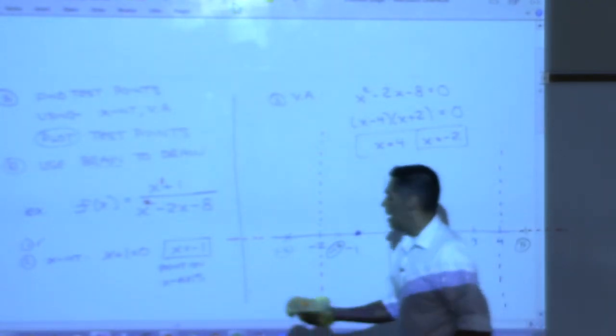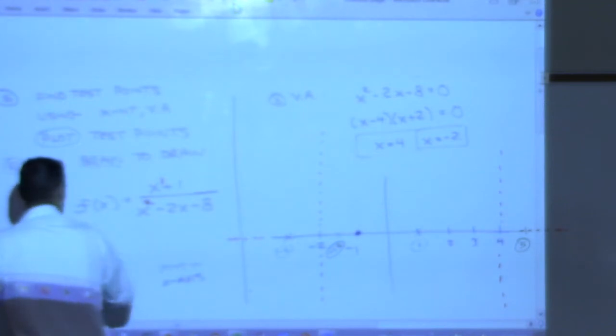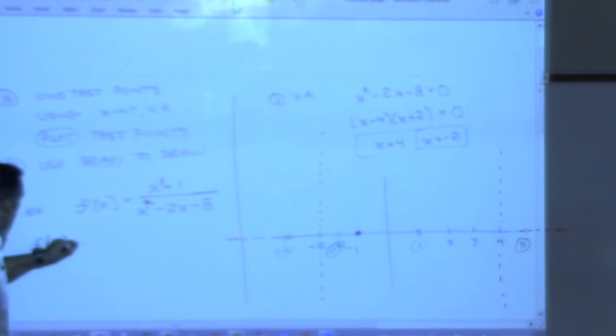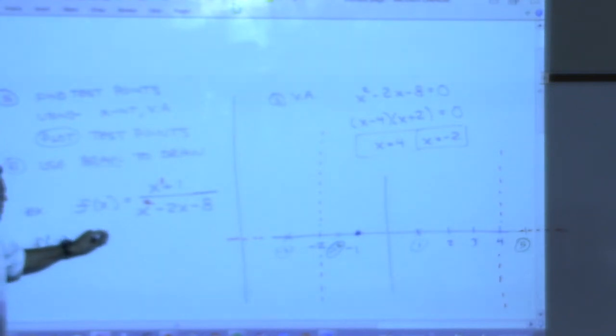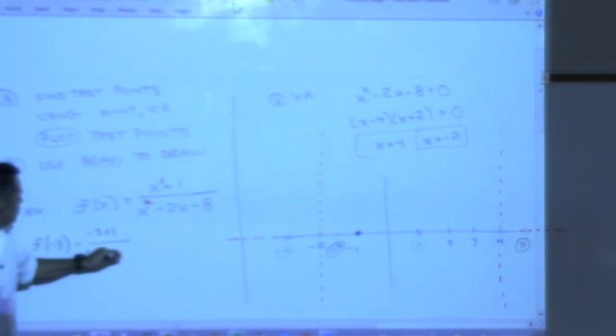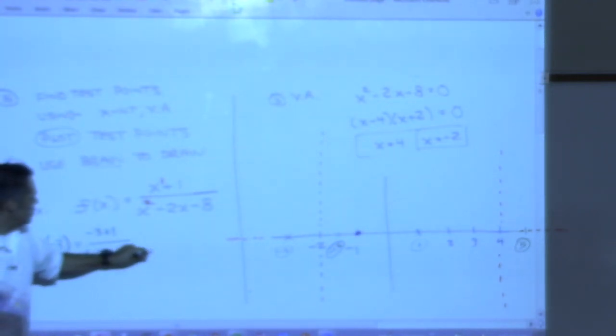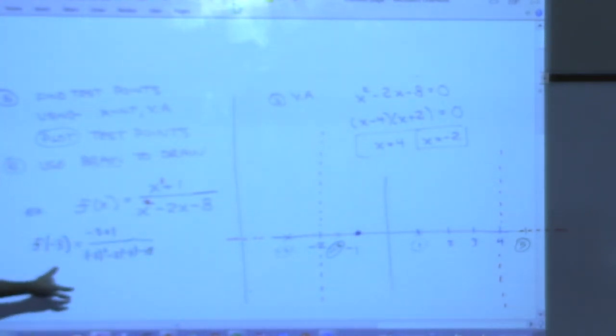Because I only have 5 more minutes, I'm going to do it more mentally and quickly. f of -3, let's do the first one together. -3 plus 1 is going to be what? So this is what we're doing: -3 squared minus 2 times -3 minus 8. We're going to just calculate that whole thing.